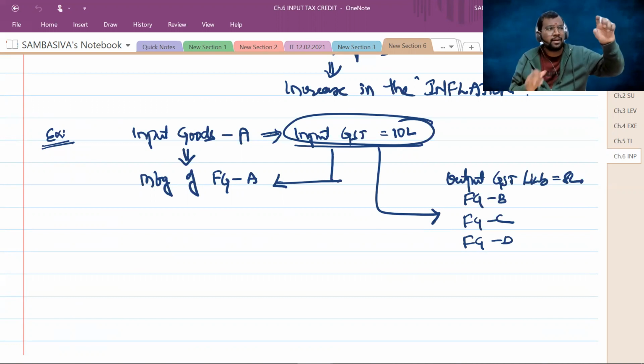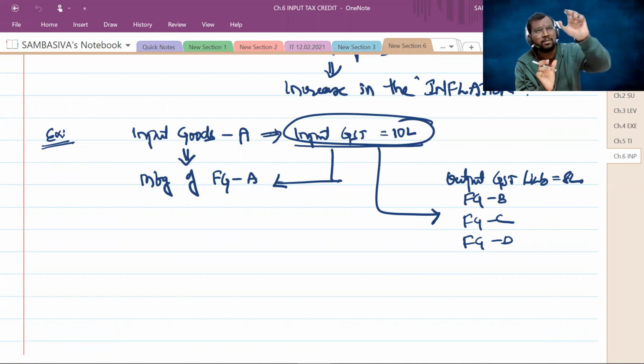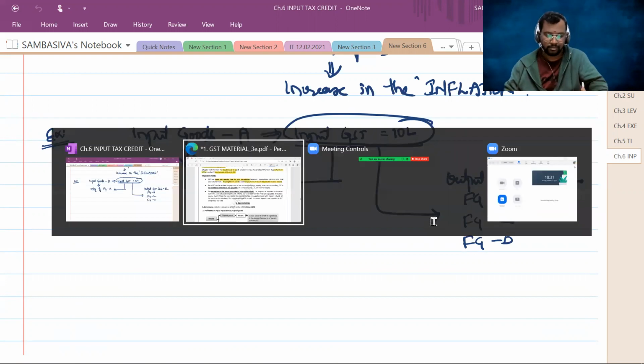So input goods A credit should be utilized only for finished goods A liability. Input tax B credit should be utilized only for finished goods B liability. Input tax credit of C should be utilized only for the finished goods C liability. No requirement. Any input tax credit can be used for any output tax liability. Are you following, sir? Next.